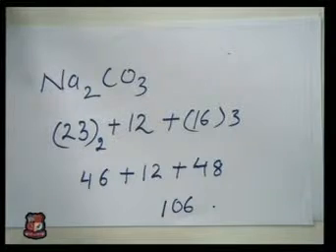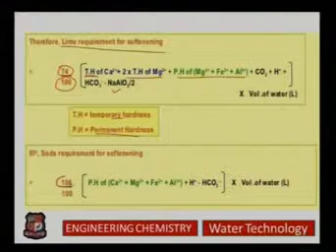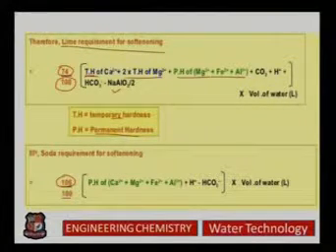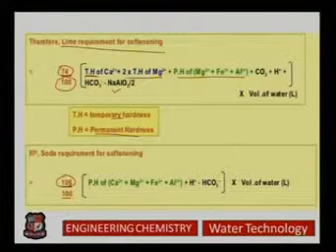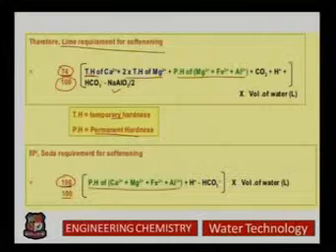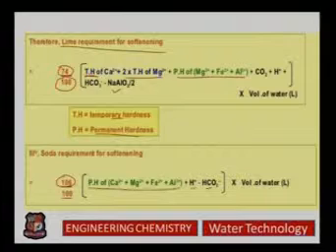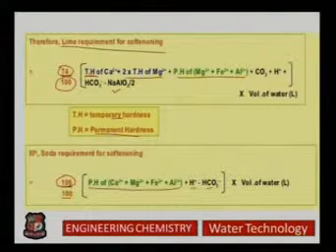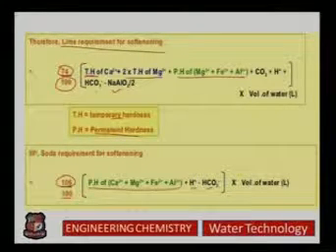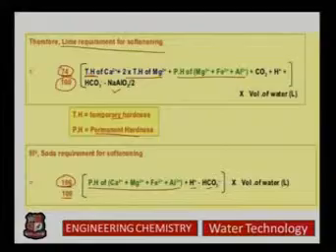So here you can see 106. 106 divided by 100 because hardness is expressed in terms of CaCO3 equivalent, and it removes the permanent hardness mainly. Permanent hardness, that is PH of calcium, magnesium, iron, aluminium plus any mineral acid minus HCO3 minus if it is present, into volume of water in liters. This much of soda is required for removal.